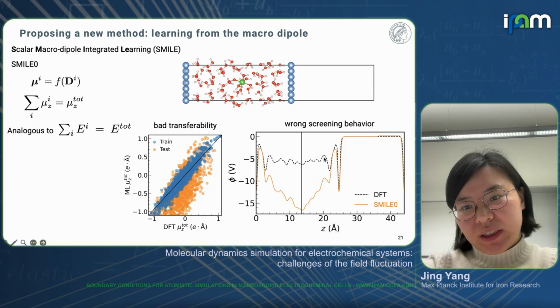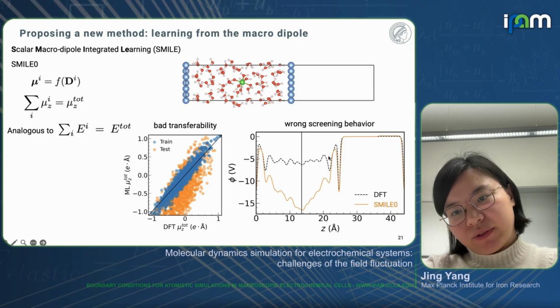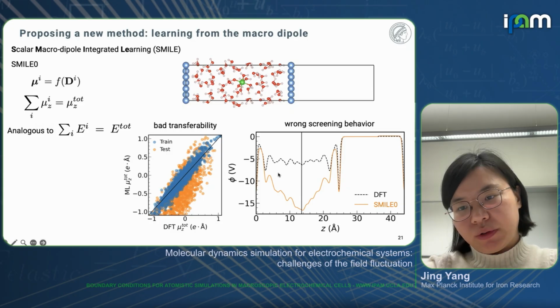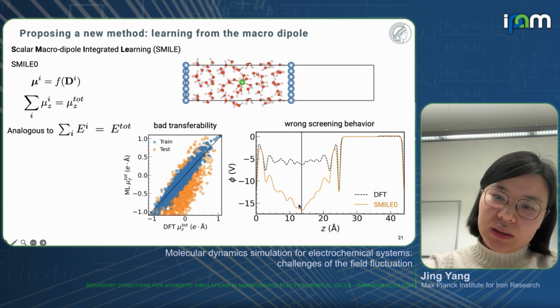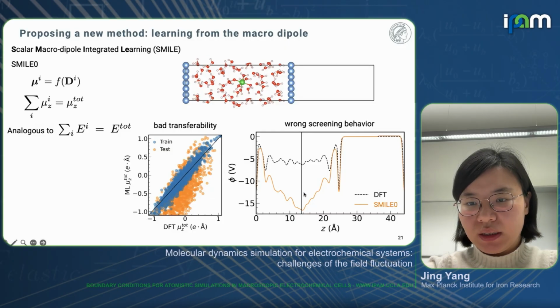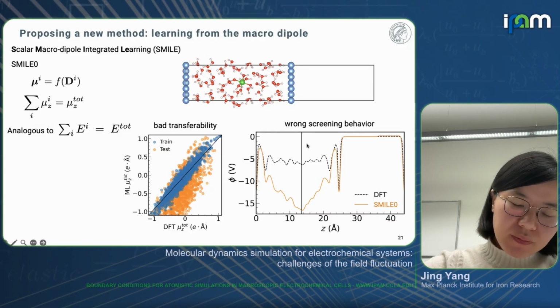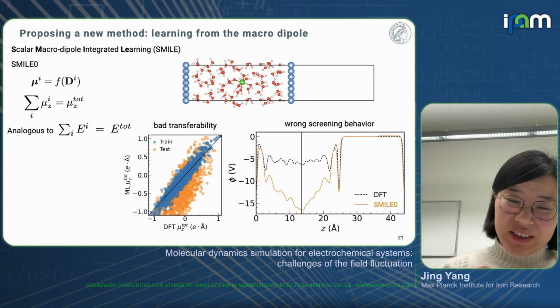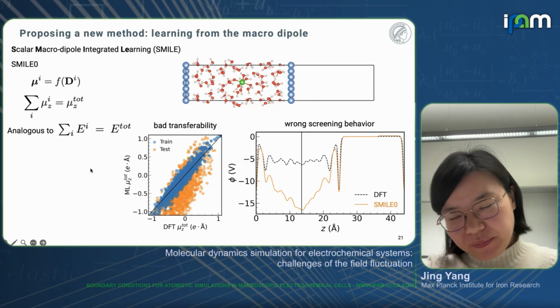The potential around the magnesium 2+ is almost flat, so you do not see this electric field building up. But this is, of course, not the case of the SMILE 0 model, where you see that you have this kind of V shape around this magnesium 2+. So definitely, in both criteria, you can see that the SMILE 0 model is not working.